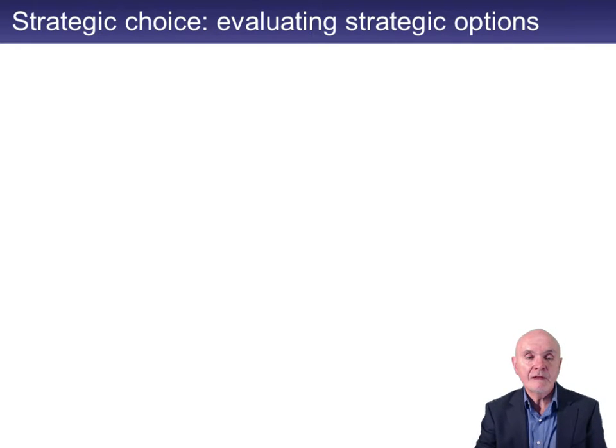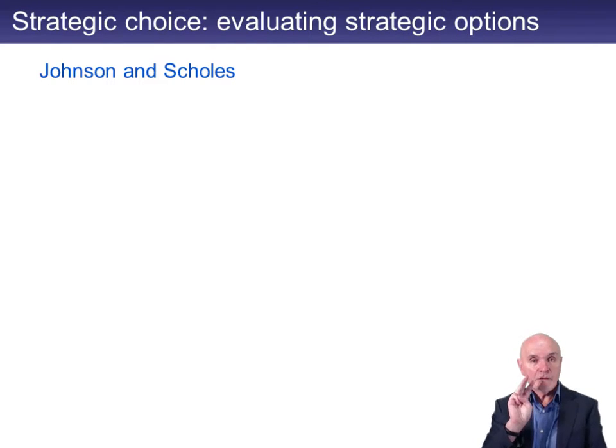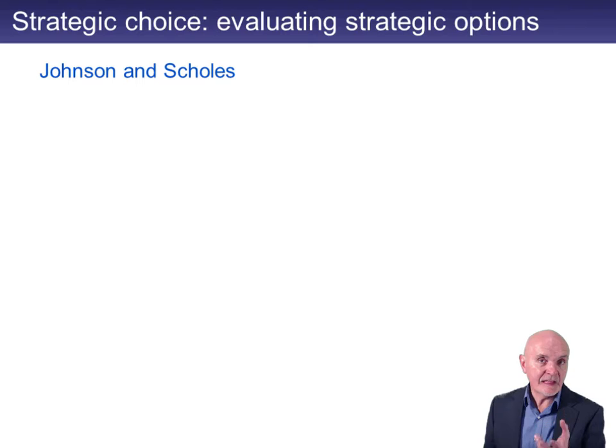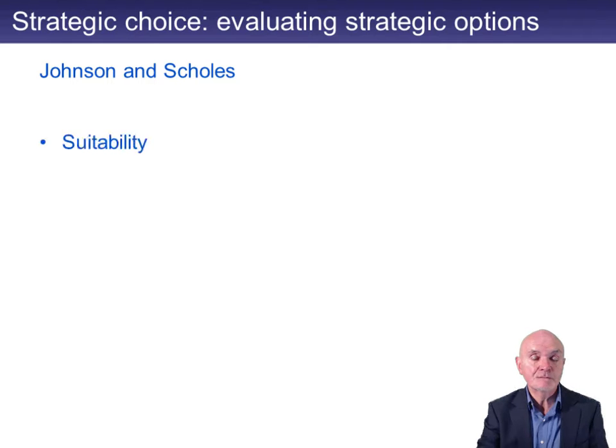This is really the way to be looking at it. There are three things to look at, as defined by Johnson and Scholes, and this comes up again and again in ACCA answers. It can be used to make a choice or suggest a choice of what a company should do, or it can be used to evaluate a choice a company has already made. A very powerful, very simple way of trying to evaluate strategic options.